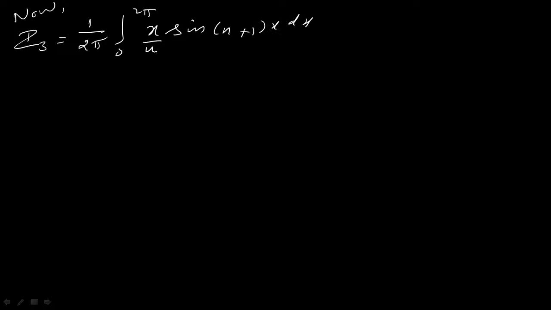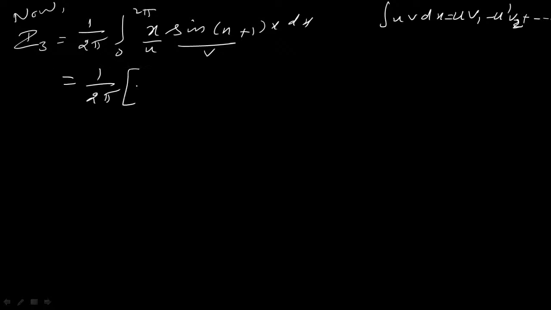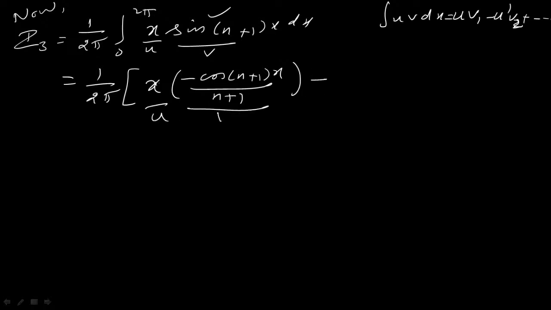This is of the form integral uv dx, that is uv1 minus u dash v2 plus etc. So that is equal to 1 by 2 pi of u, what is your u? x, v1, while you are integrating sine n plus 1x, you get minus cos n plus 1x divided by n plus 1, minus, this is your u and this is your v1, right?